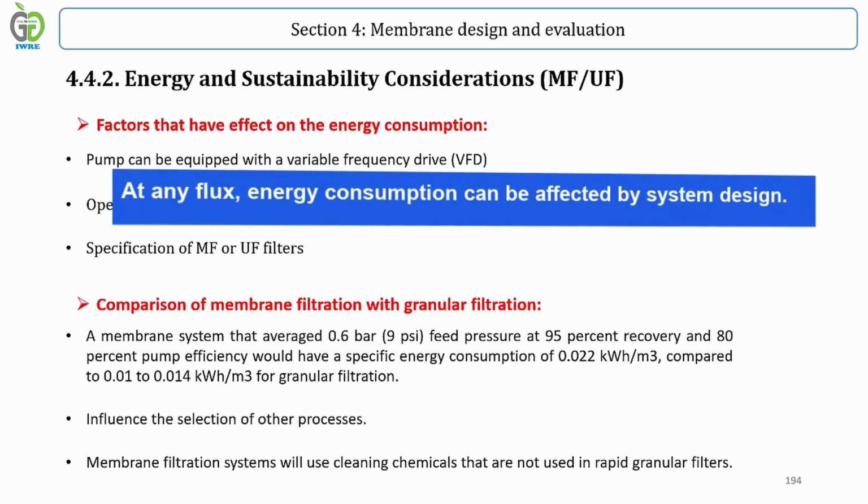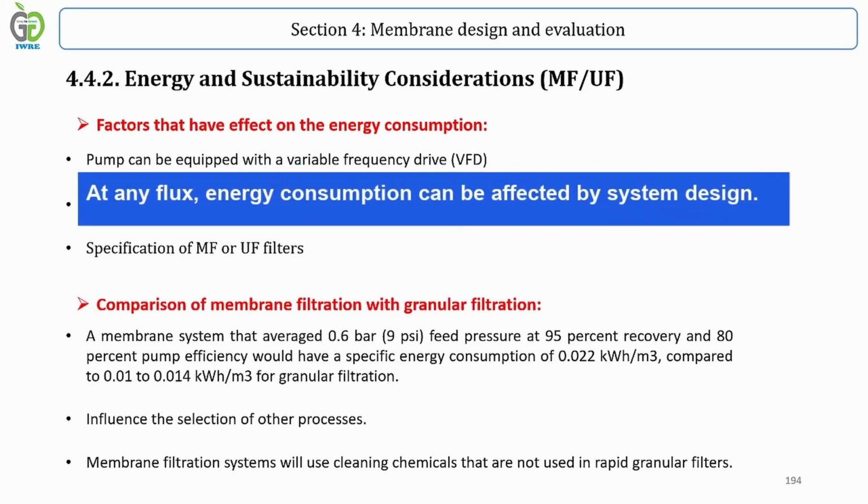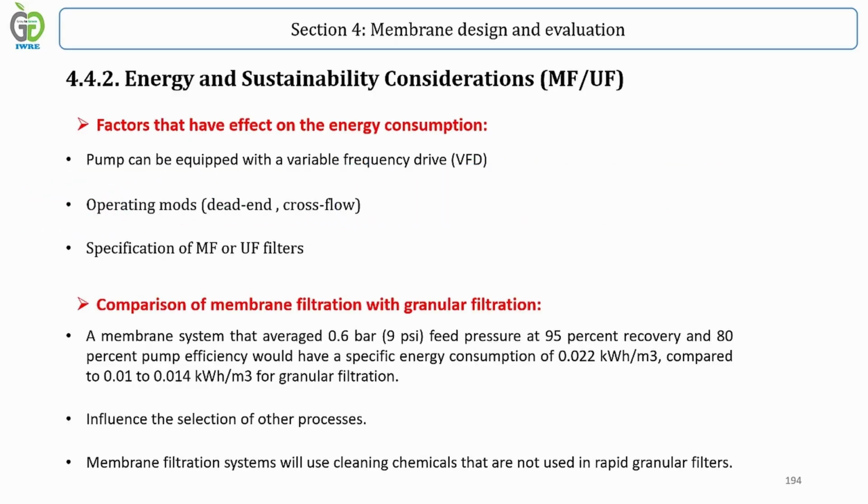At any flux, energy consumption can be affected by system design. The pressure required to maintain constant flow through the membranes increases as the membrane fouls. Increasing pressure requirements can be accommodated several ways.